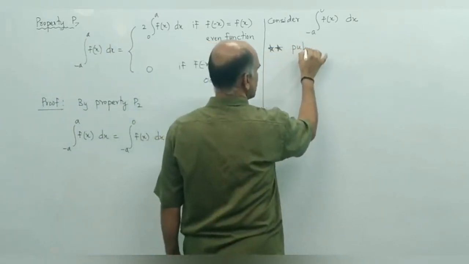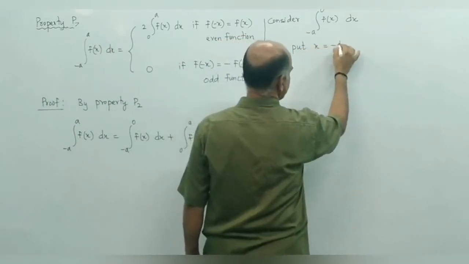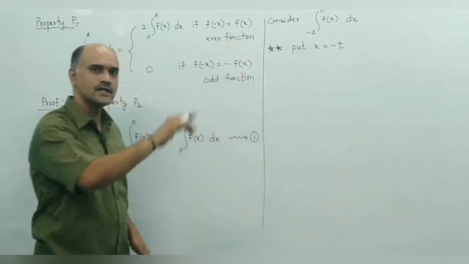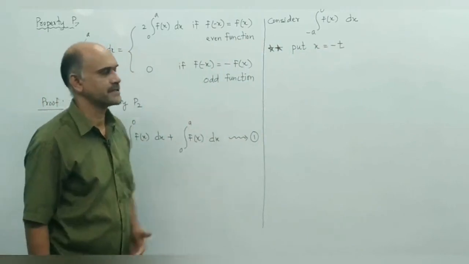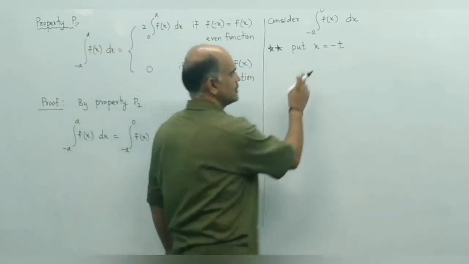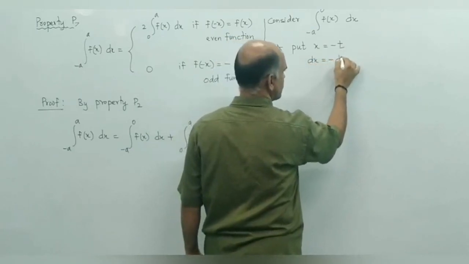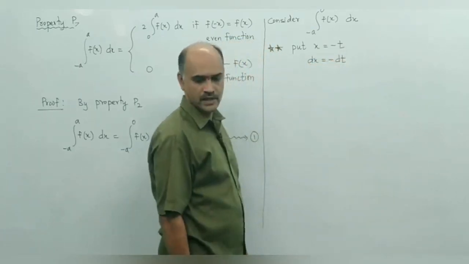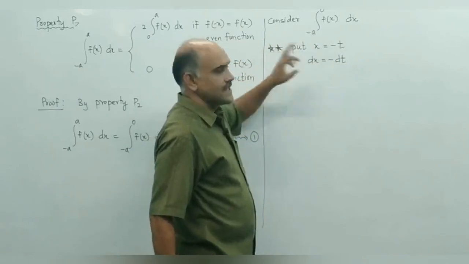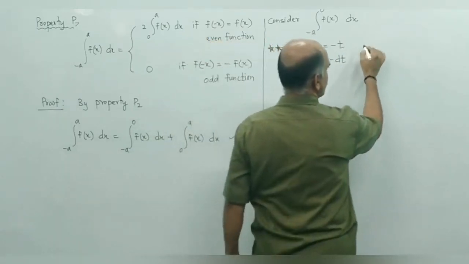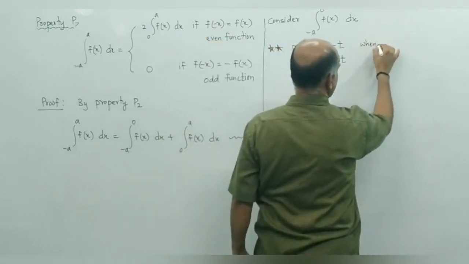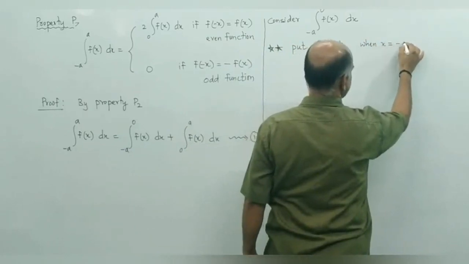Put x is equal to minus t. Then all other steps are the same as we have done in previous properties. If I differentiate this, dx is equal to minus dt. Then accordingly I should change the limits.